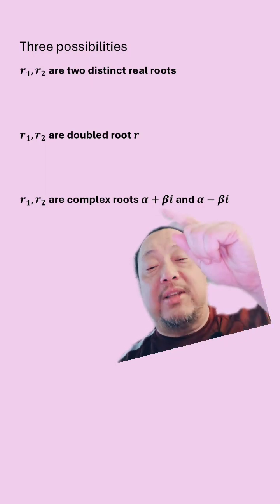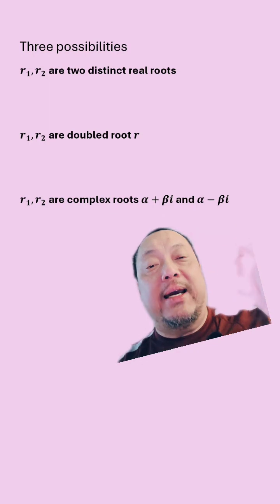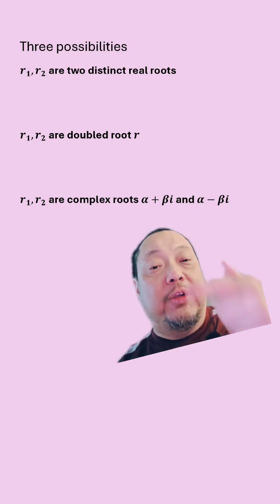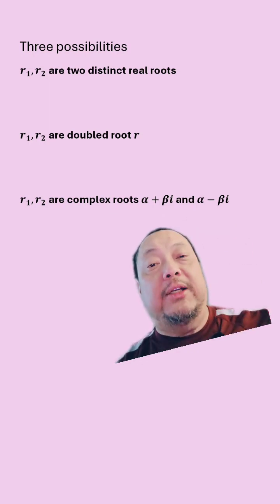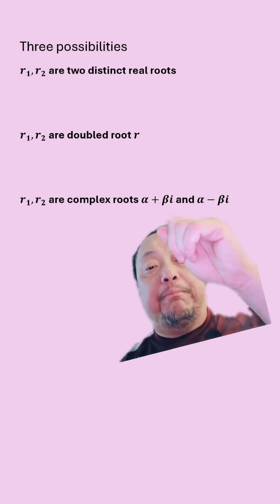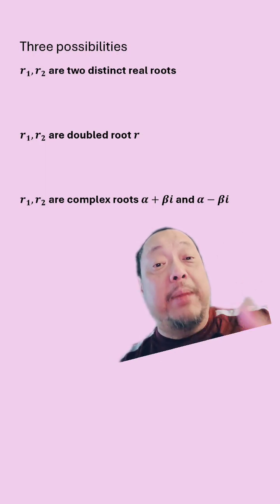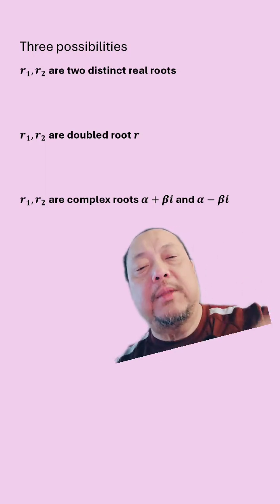One would be alpha plus some beta i, and the other would be alpha minus some beta i, and that is because of the plus or minus square root of b squared minus 4ac. In the complex root, alpha plus beta i and alpha minus beta i, the alpha is considered the real part of the root, and the beta is considered the imaginary part of the root.